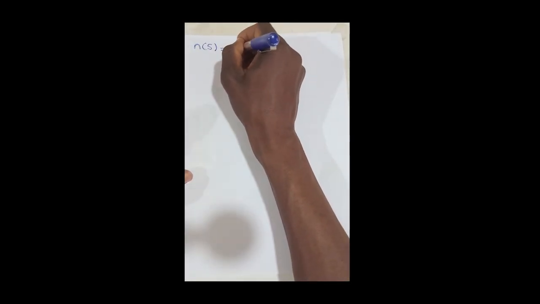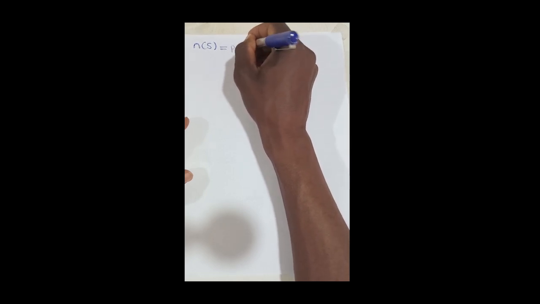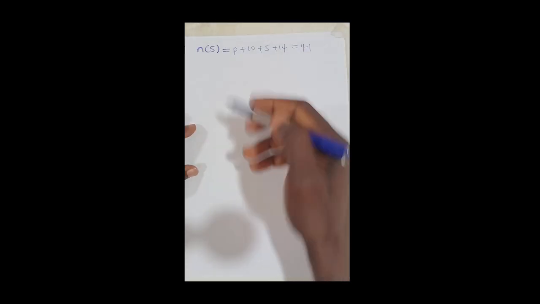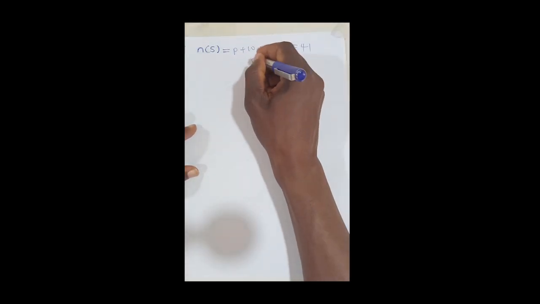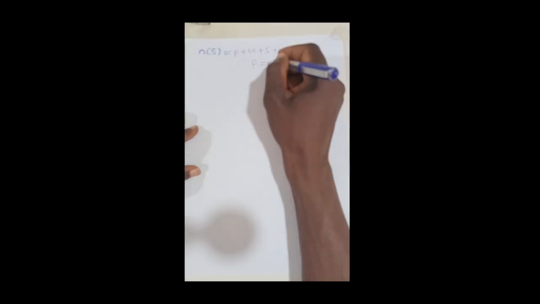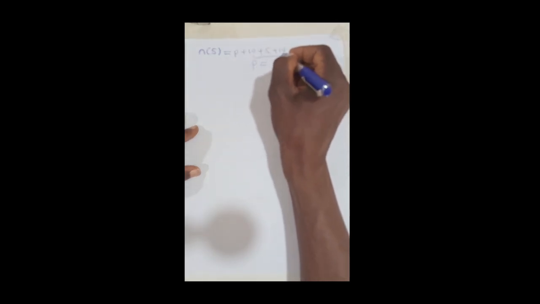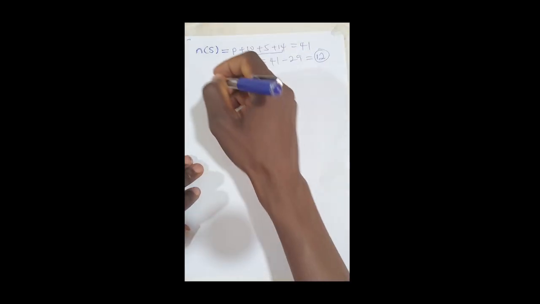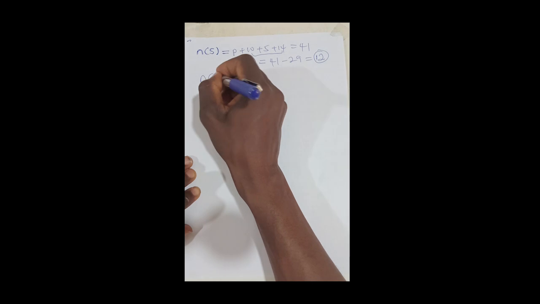So we're going to have P plus 10 plus 5 plus 14 equal to 41. Then make P the subject. If you add these 3 together, that's 29. So that's 41 minus 29. P is 12.